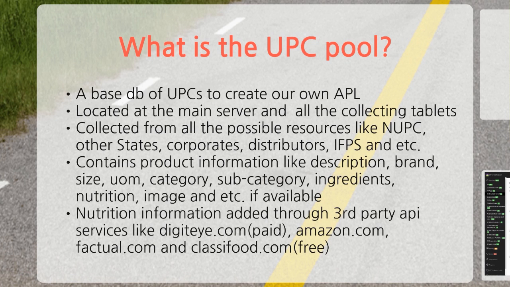So it is not a huge burden. And there are also a lot of free services like Amazon.com, Factual.com, and Classfood.com. So we can get nutrition information and some image information from those API services.